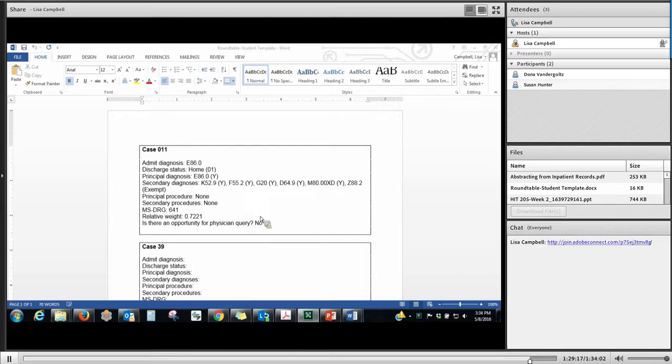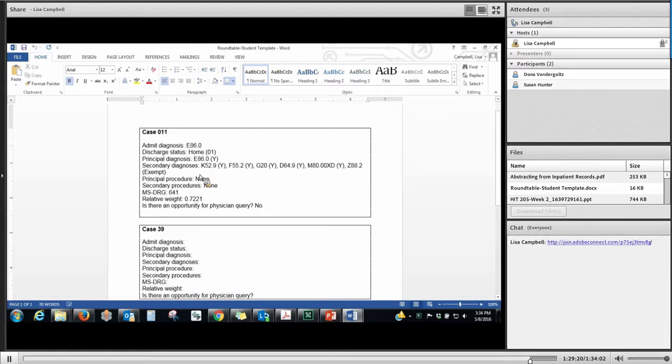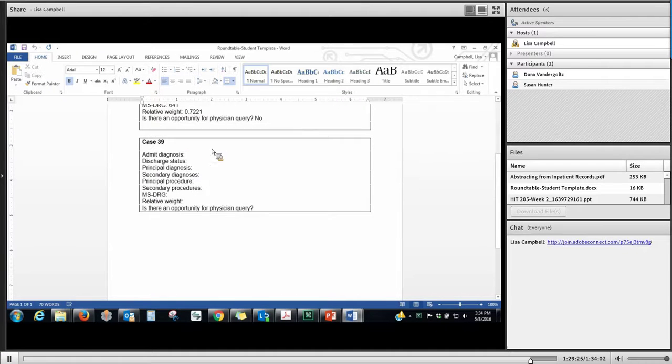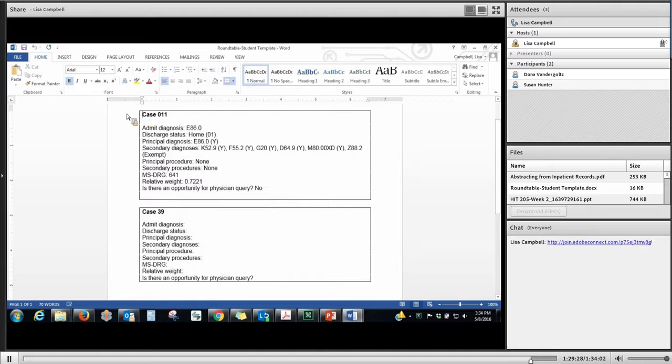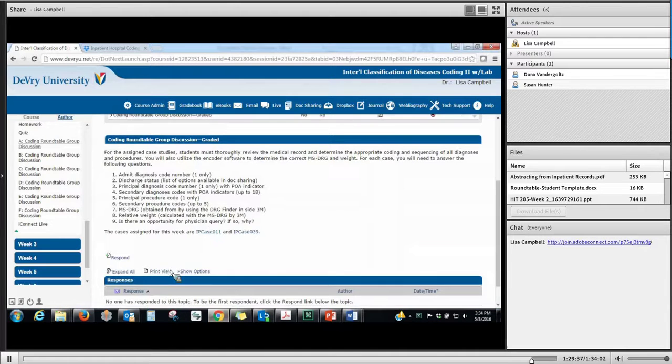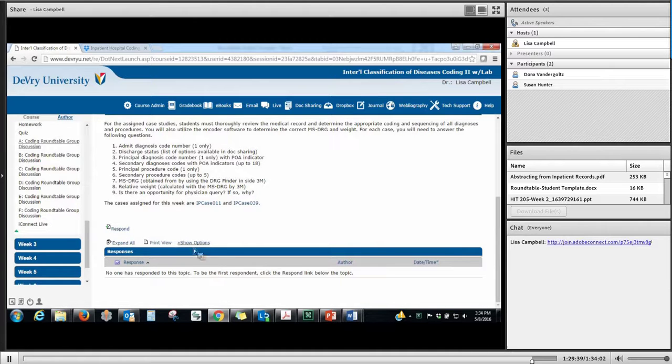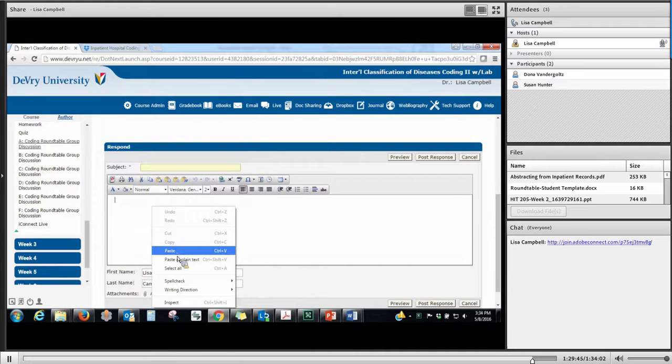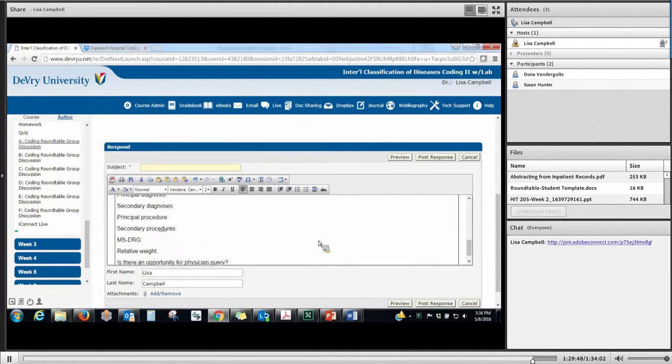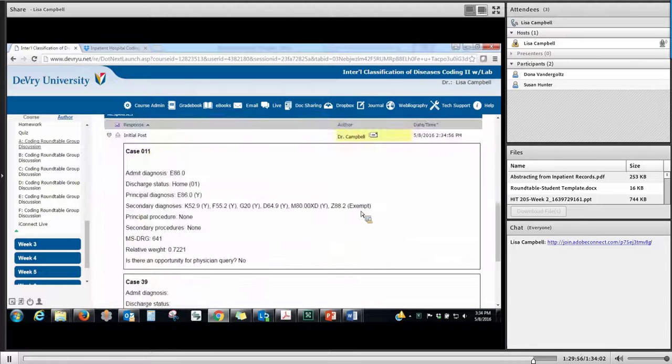So basically what you're going to do is read through case number 11, confirm these codes. We actually just talked about them. And then you've got to do case number 39, but you're basically going to do your work on this template, copy this box here, go to your round table, and hit that respond button at the top, post in your answers, and then just say something like initial post, and then your initial post will be there.